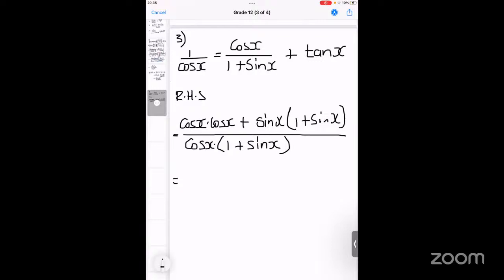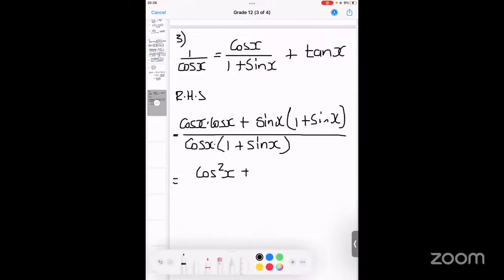So, sir, the next step, I said cos squared x because they're right next to each other. And then I canceled the 1 plus sine x, and I'm not sure if I should have done that. No, you can't.